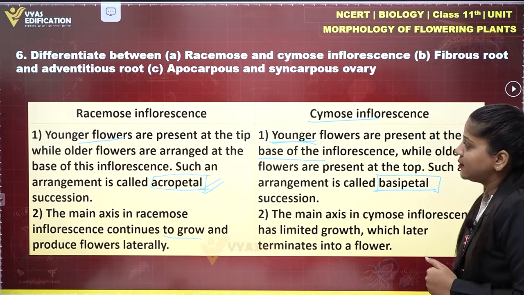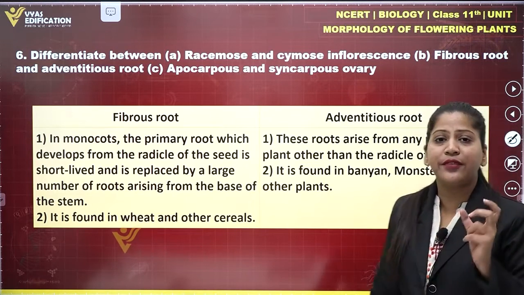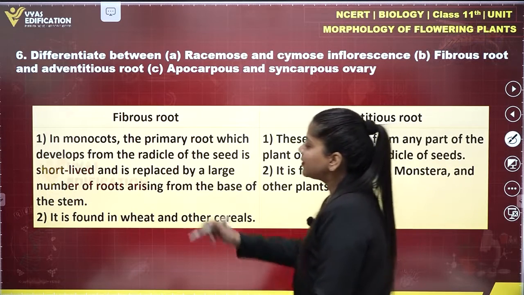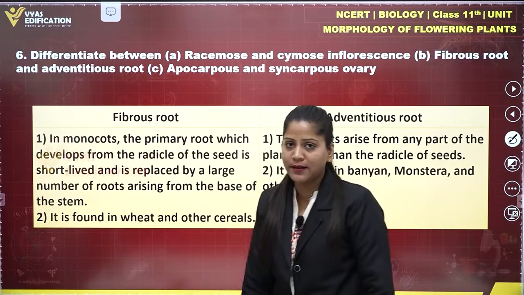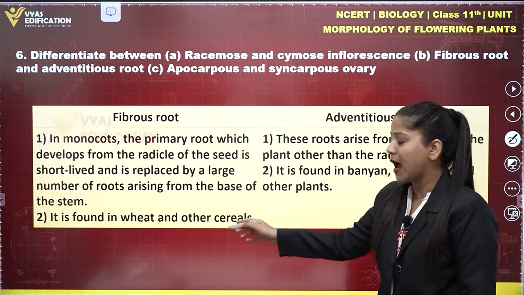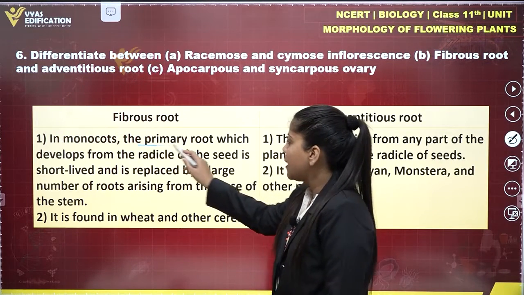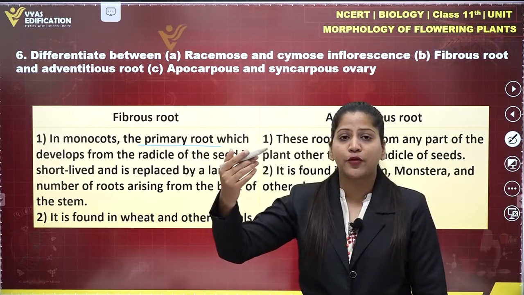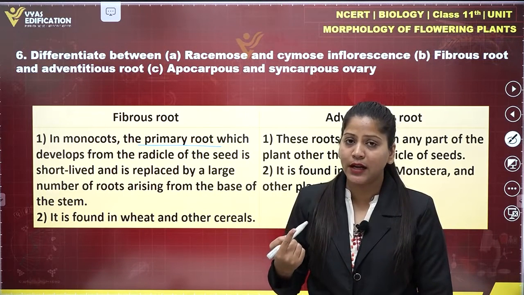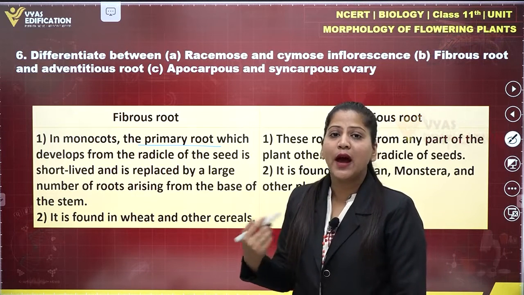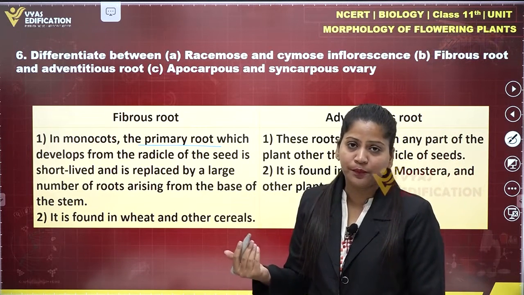Let's see the next, that is the difference between fibrous root and adventitious root. This kind of root is found in monocot plants such as wheat and cereals. In this, the primary root which develops from the radicle of a seed is short-lived and replaced by a number of roots which arise from the base of a stem.